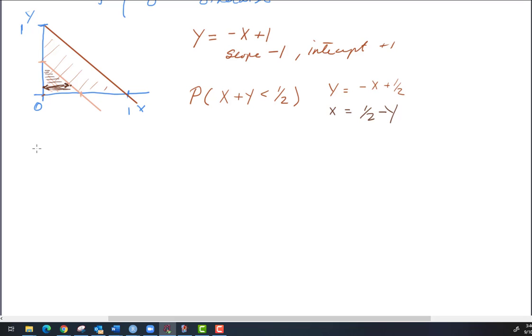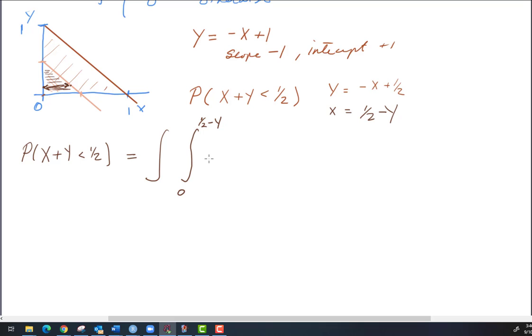Now, you've all been through calculus, and so this is review, but you might not have done it for a while. So let's go ahead and say that the probability that x plus y is less than 1/2 is equal to the integral of the integral from 0, that's where x starts, and goes to 1/2 minus y.